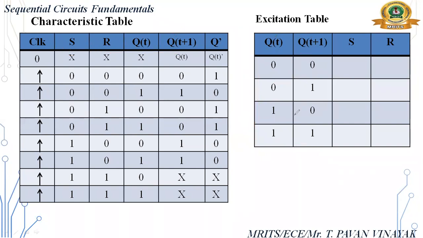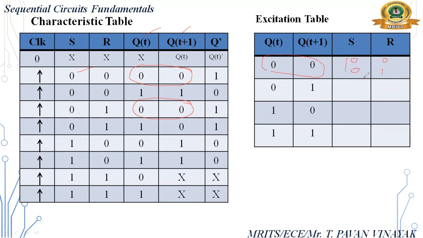From characteristic table, observe here Q of t and Q of t plus 1, 0 0. Observe where it occurs. It is 0 0 here, and there is another place where you get 0 0. Q of t and Q of t plus 1 occurs when S and R is 0 0 and when S and R is 0 1.